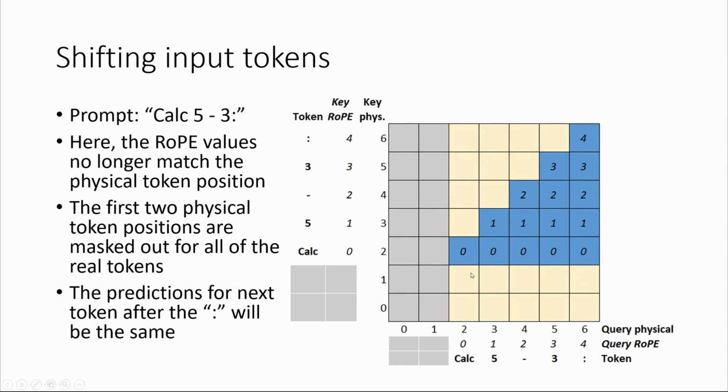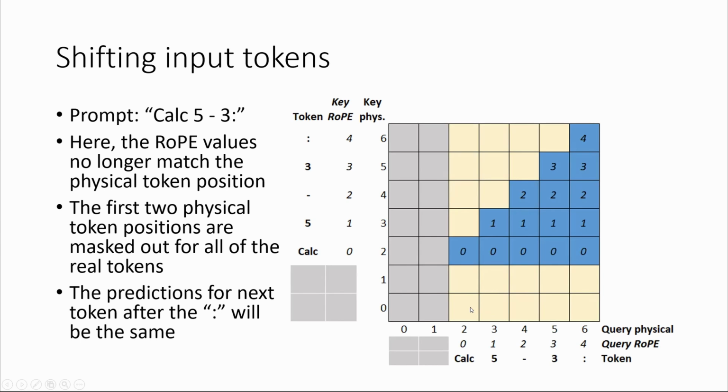Since they're all masked out, it actually does not matter what these tokens are. Whether this token was the word pizza or the word cowboy, it doesn't matter. It will never contribute to the attention calculation because the masks for the zeroth and the first tokens are all zeros.